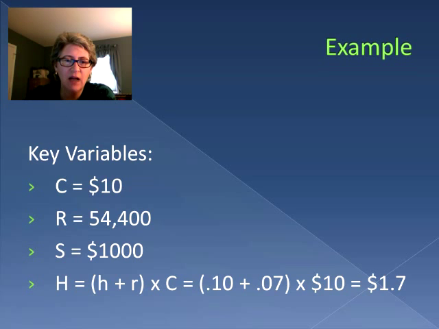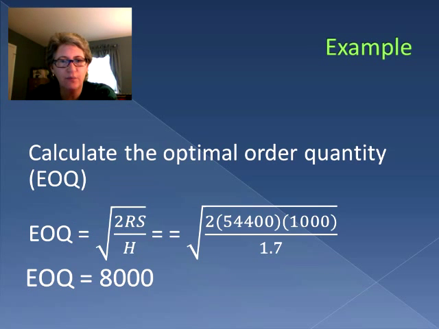So we're going to take our physical holding cost and our cost of capital and multiply it by the cost per unit, and we get a capital H equaling $1.70. Now let's plug that into the EOQ equation. There it is. We put everything in and we have the square root of 2RS over H, and we come up with 8,000. We should order 8,000 batteries at a time.